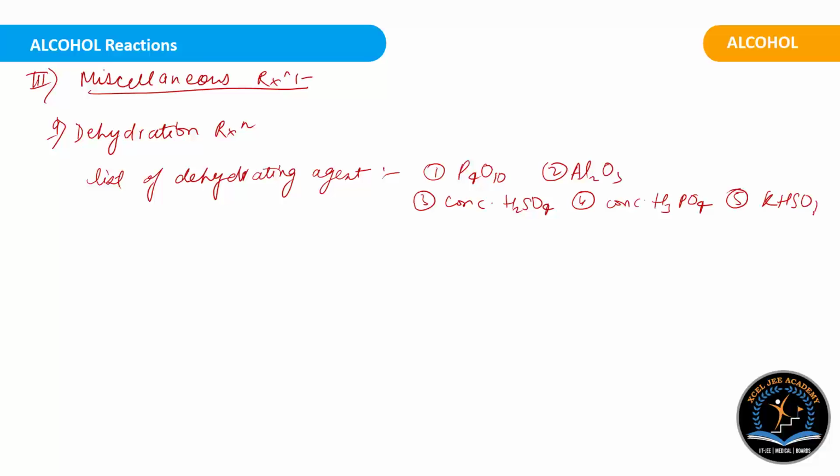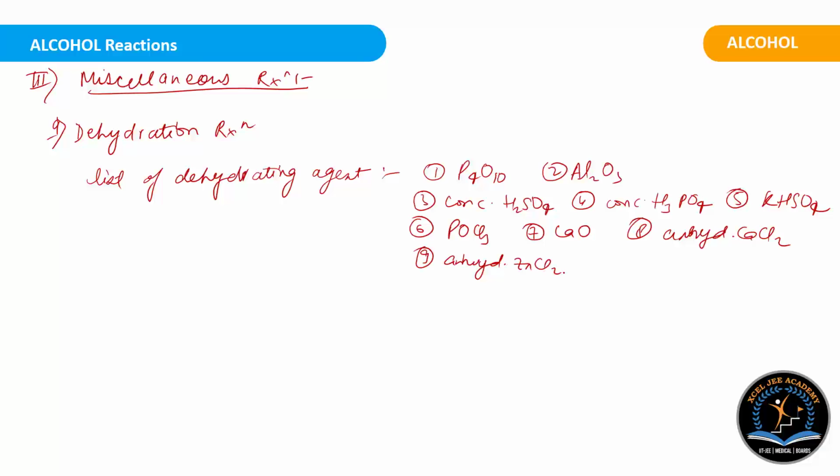Then the sixth dehydrating agent can be POCl3. Then there can be CaO, which is calcium oxide, also referred to as quicklime. Then the next one, anhydrous CaCl2. And the ninth one is anhydrous ZnCl2. So these are the dehydrating agents.